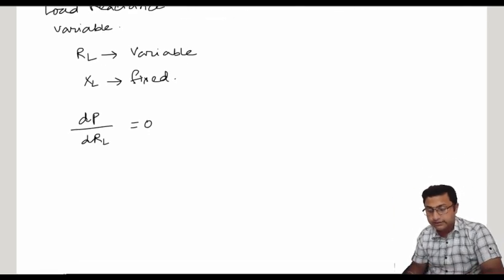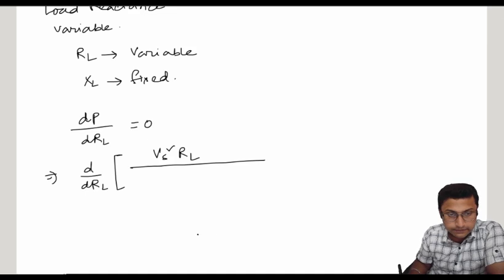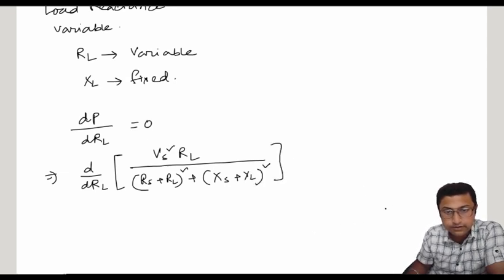So if I simply put the value, d/dRL of Vs square into RL divided by (Rs plus RL) whole square plus (Xs plus XL) whole square, that is equal to 0.